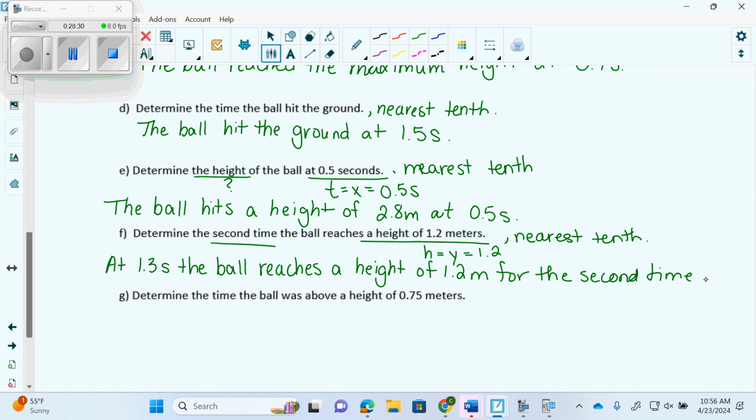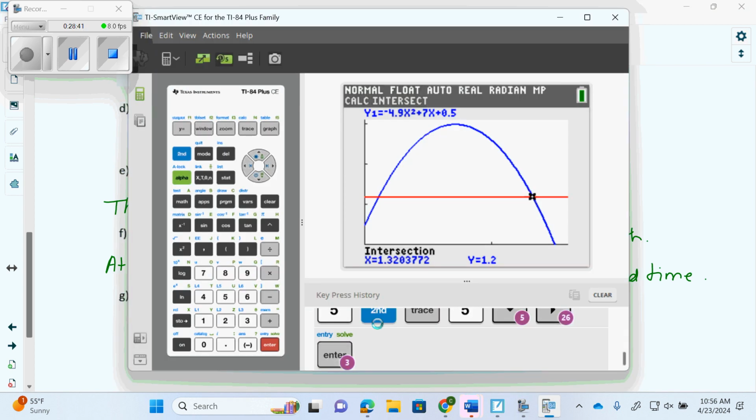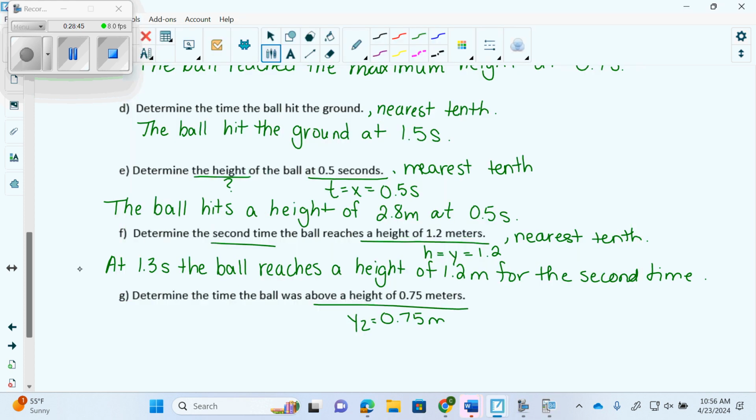And then this one wants you to determine the time the ball was above a height of 0.75. So that's your y2, and it wants to be above.